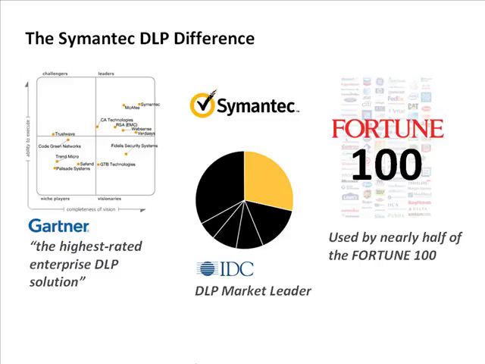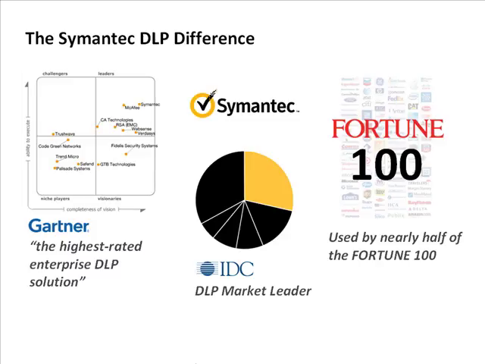According to IDC's latest market data, Symantec Data Loss Prevention holds a larger share of the market than the next two competitors combined, and almost the same market share as the next three competitors combined. Symantec is chosen by the world's largest customers by an overwhelming margin.